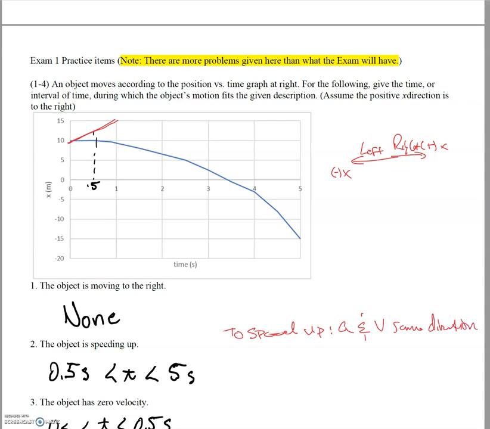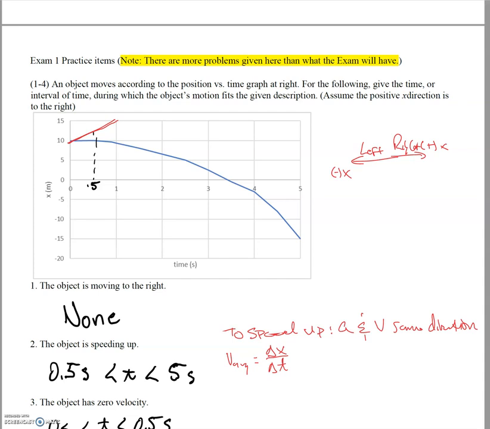So how do we get velocity from a position versus time graph? Let's recall that velocity is equal to the change in position over the change in time. And the change in position over the change in time is equal to the slope of a position versus time graph. Because remember, rise over run, change in y, change in position, over change in x, change in time.